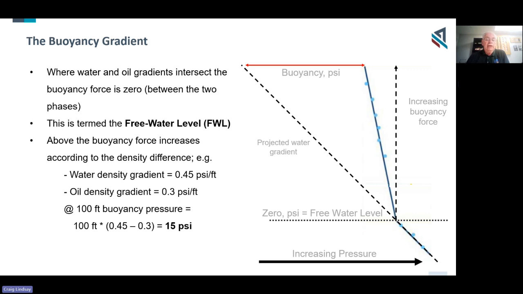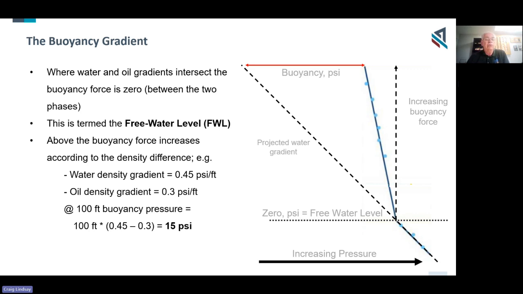level. Now, at that intersection, you have effectively zero buoyancy pressure. But as you increase in height above that free water level, the buoyancy pressure increases, and it's a function of the difference in density between those two fluid phases.